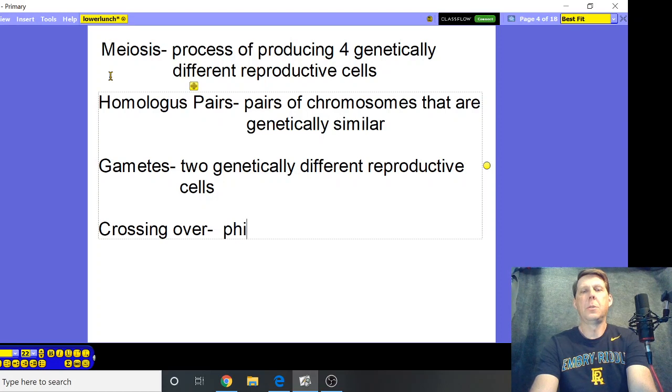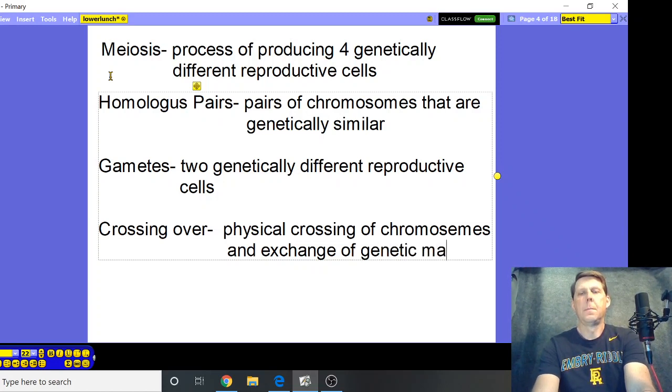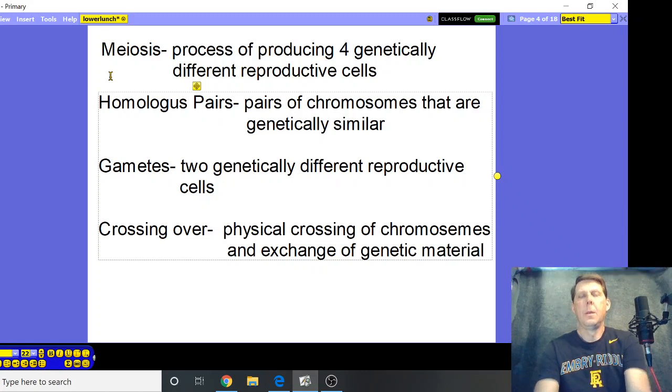And that is a physical crossing of chromosomes and exchange of genetic material.